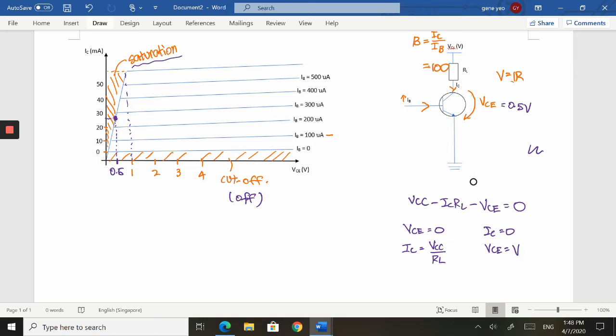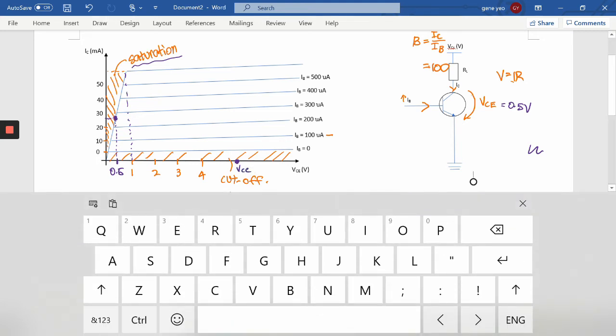So with these 2 points, I can plot. When IC equals 0, this is actually my VCC value.